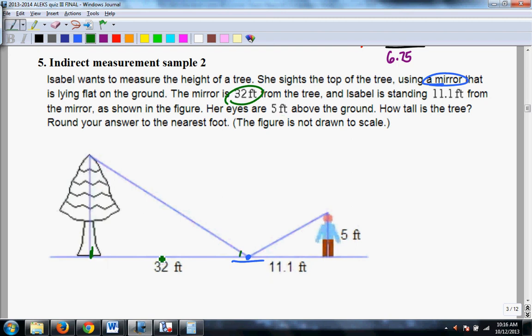So from here to here is the mirror, and it's 32 feet. And Isabel is standing 11.1 feet from the mirror. So here's Isabel standing 11.1 feet from the mirror. Her eyes are 5 feet above the ground. So right here is 5 feet above the ground. How tall is the tree?